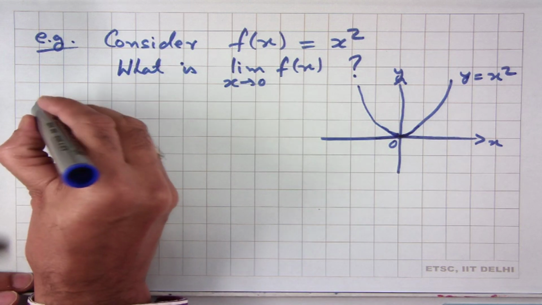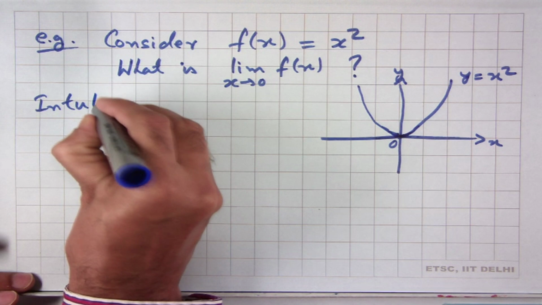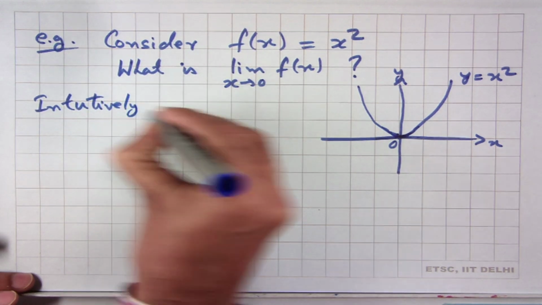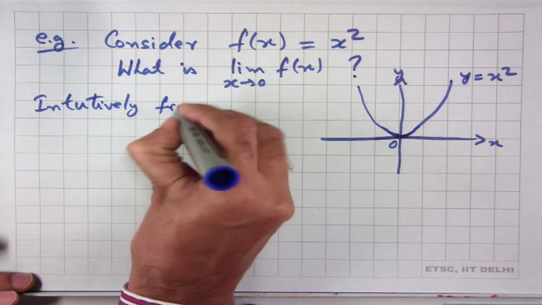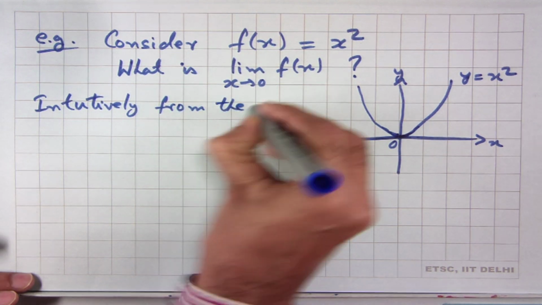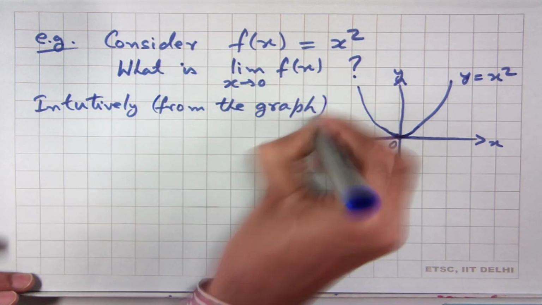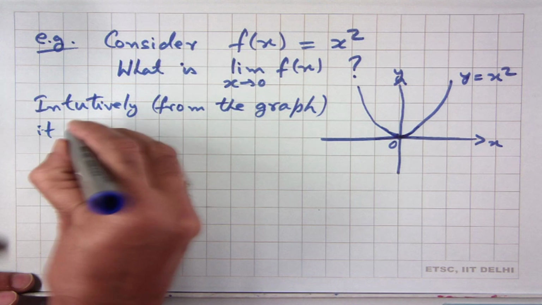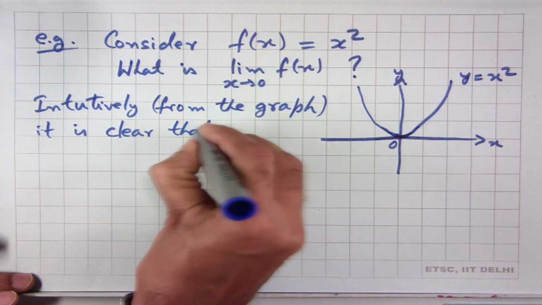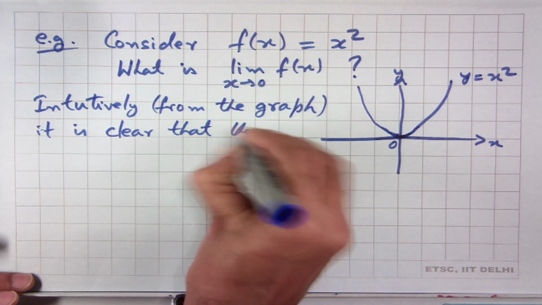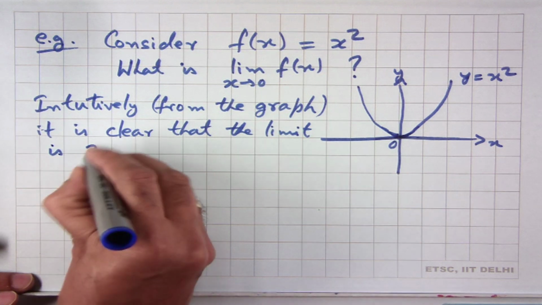So, intuitively from the graph, it is clear that the limit is 0.